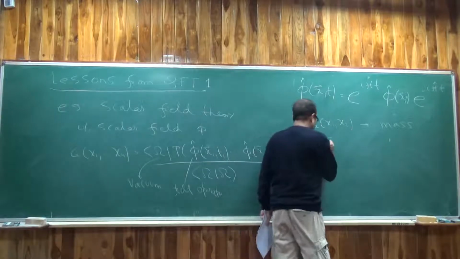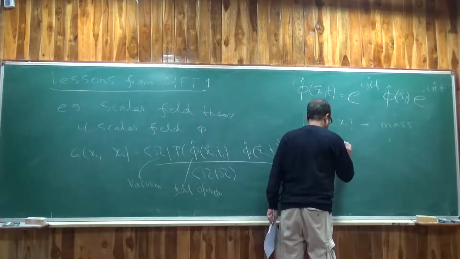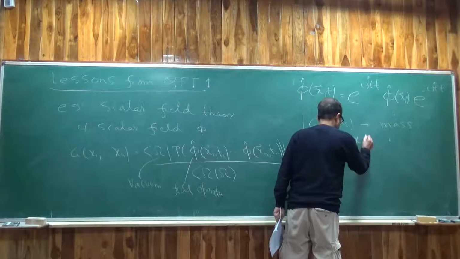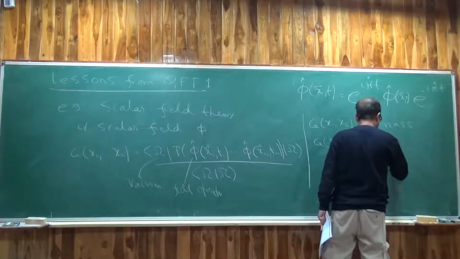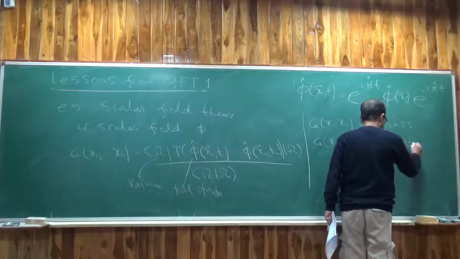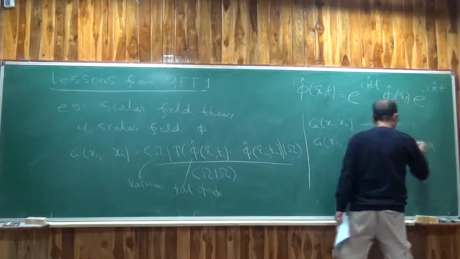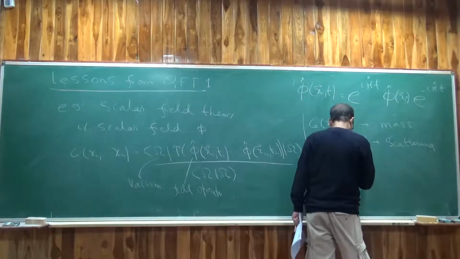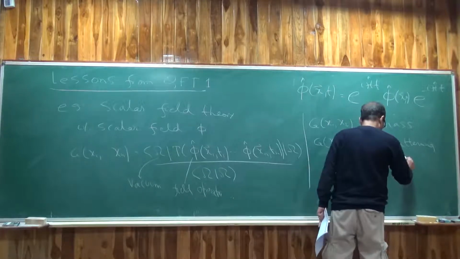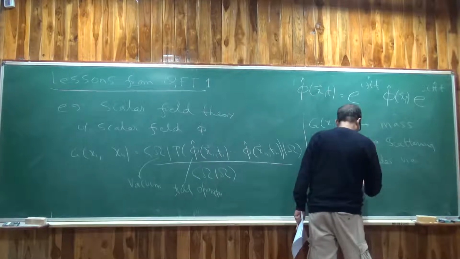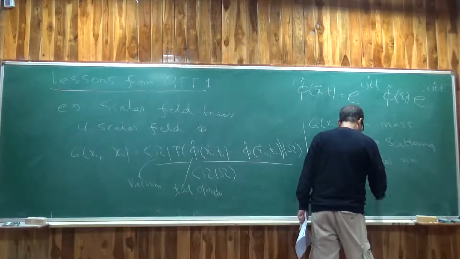On the other hand, if you have an n-point function G(x1 to xn), this gives you information about the scattering amplitudes via the LSZ reduction formula.